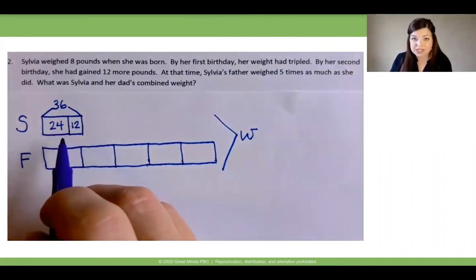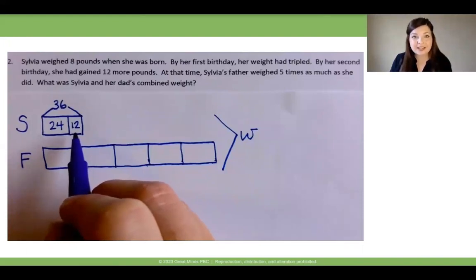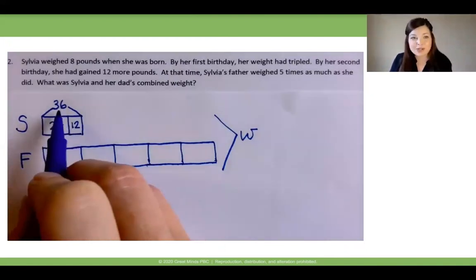But if you drew 3 units of 8, that works too. Then this 12 represents how much more she had gained by her second birthday. Together, 24 and 12 represent how much she weighed by her second birthday, and that is 36 pounds.